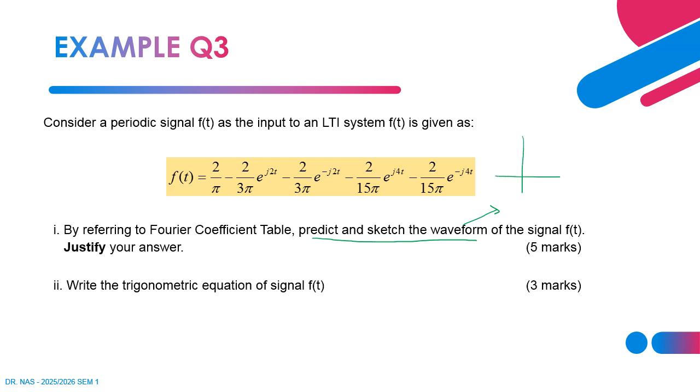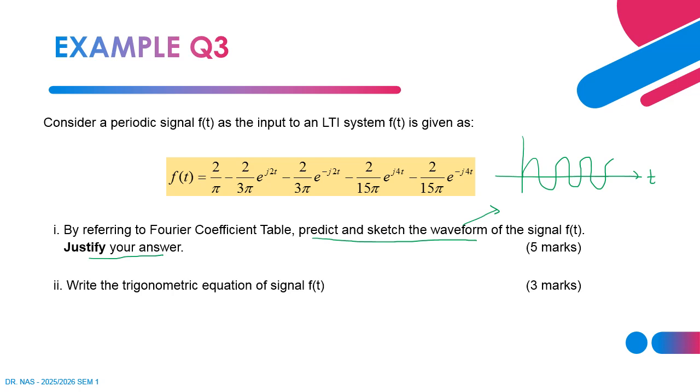So the signal must be having a shape, depending on whatever shape it is, and it is in time domain. Then you need to justify your answer. How to justify is by showing your calculation, your consideration, and stating your assumption clearly in your solution.